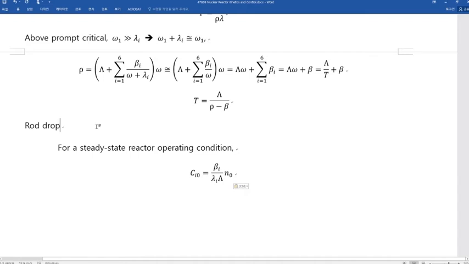One thing I need to note here is that a rod drop means that a control rod will be inserted into the reactor. That means the inserted reactivity will be negative.